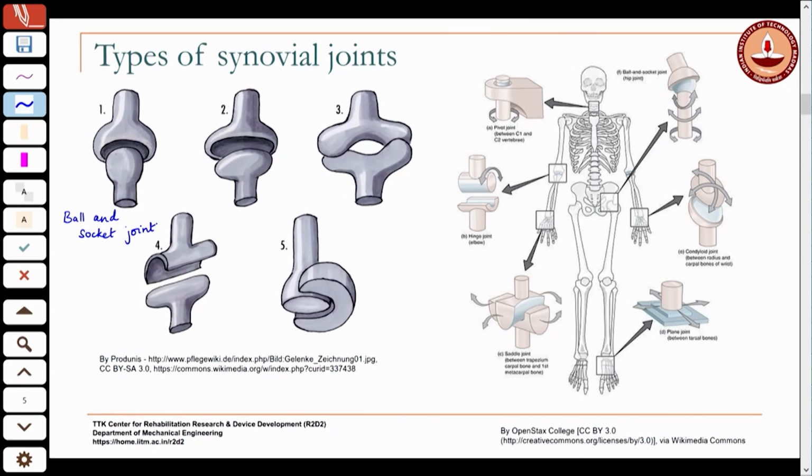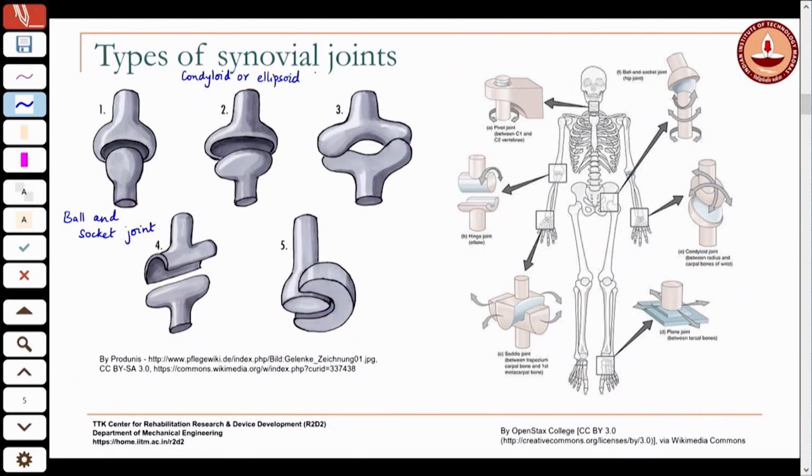Then you have what is known as a condyloid or ellipsoid joint. This is similar to the ball and socket, except that the shape of the ball is more like an ellipsoid, and therefore it will only allow motion in 2 different planes. It will not allow motion about the longitudinal axis of the joint.